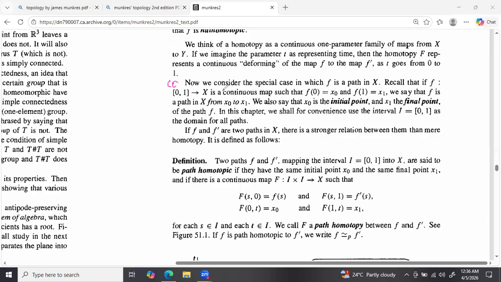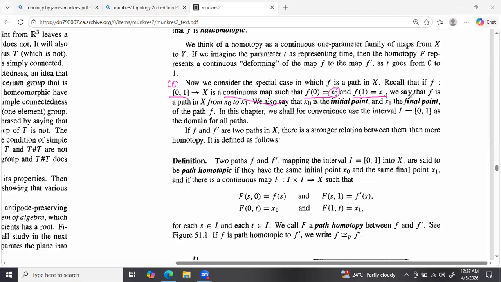So let's read again. Now we consider the special case in which f is a path in X. Recall that f is a continuous map from the closed interval 0 to 1 to X such that f of 0 is equal to x naught, the initial point, and f of 1 is equal to x1.